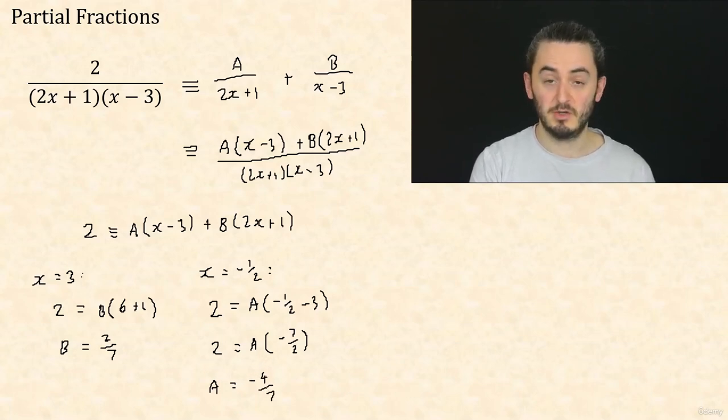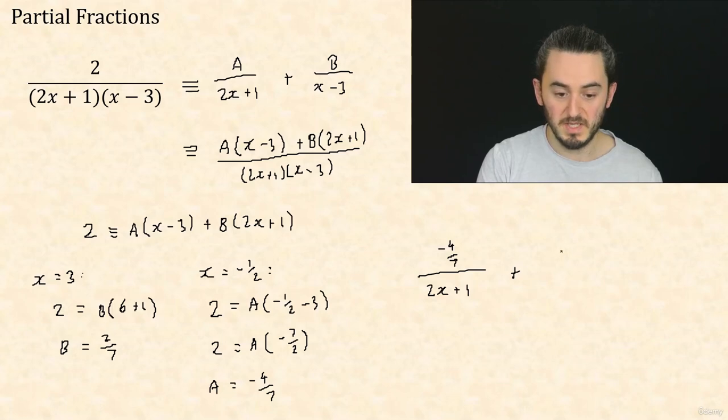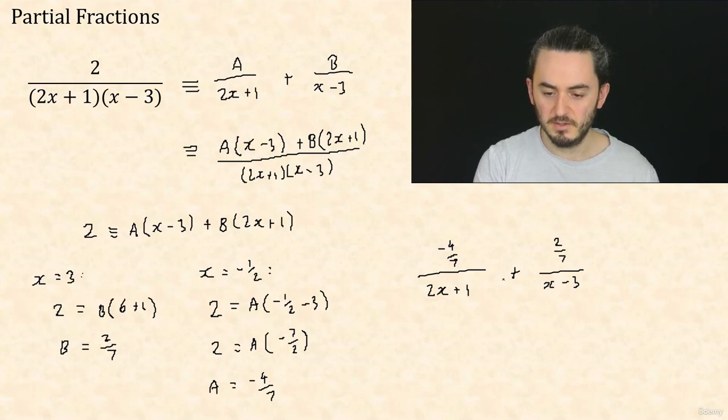So what does this mean for our partial fractions? Well, there's two ways we could write it. We can say it's a, which is -4/7, divided by 2x plus 1, and then plus b, which is 2/7, over x minus 3. Now, this does look messy, but actually this form is usually what we're looking for.